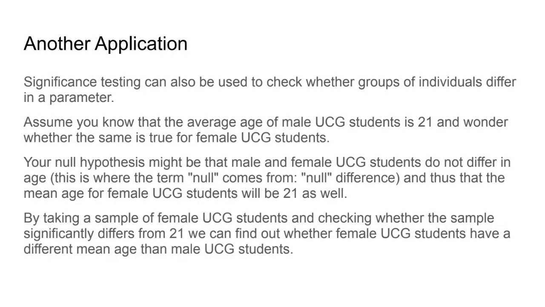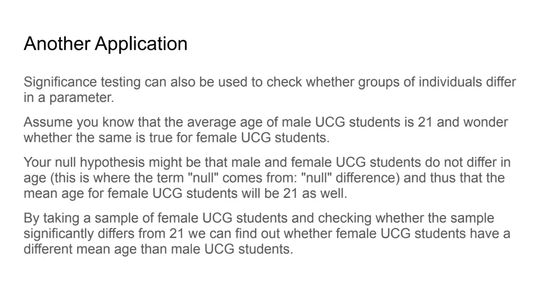But here you can see why we call this a null hypothesis, because it says there's basically no difference between male and female UCG students when it comes to age. That means the null hypothesis is that the mean age of female UCG students will be the same as that of male students, which was 21 in this case.